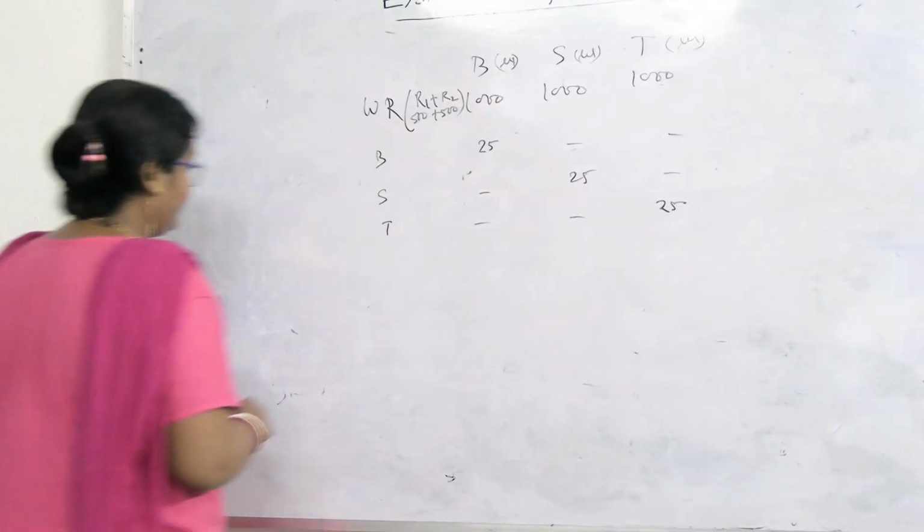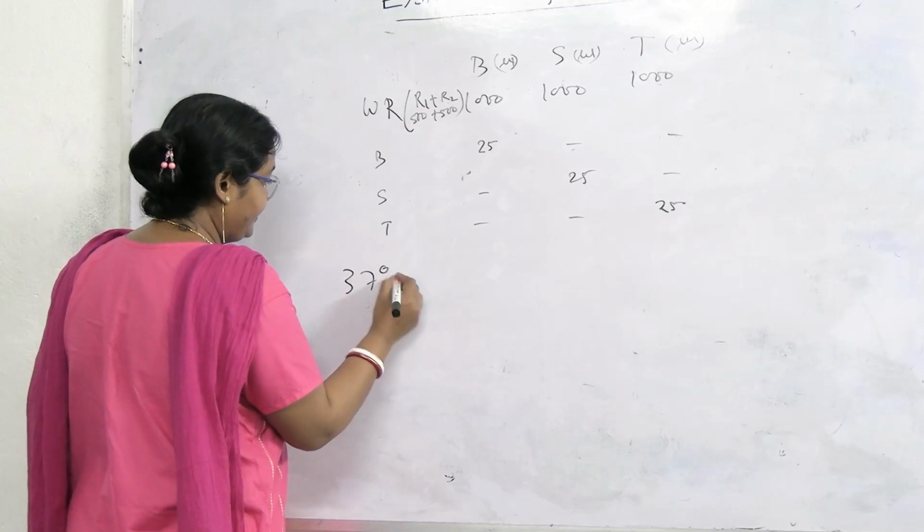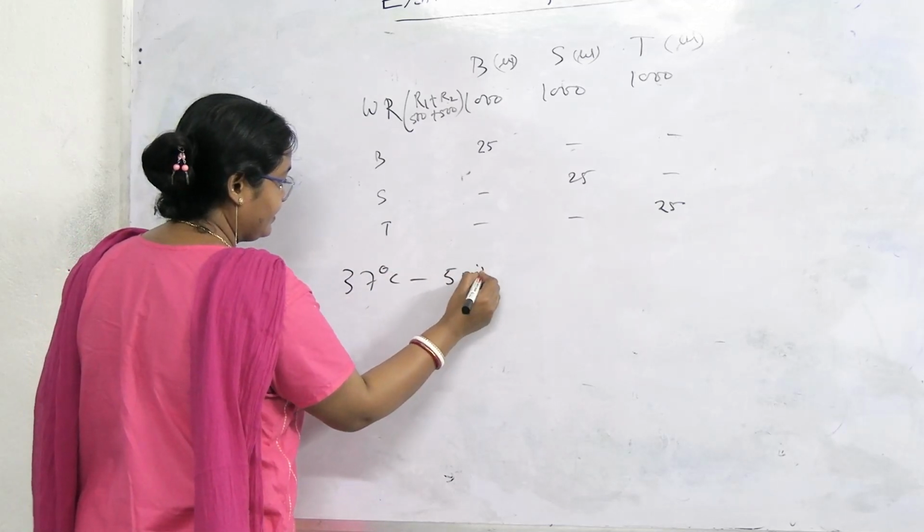The color will be red, and we have to incubate. If it's 37 degrees centigrade, it's 5 minutes.